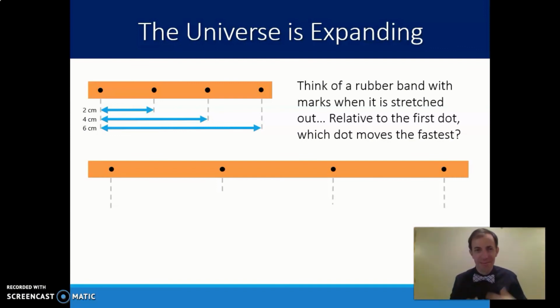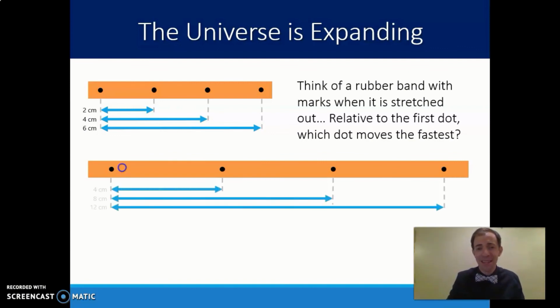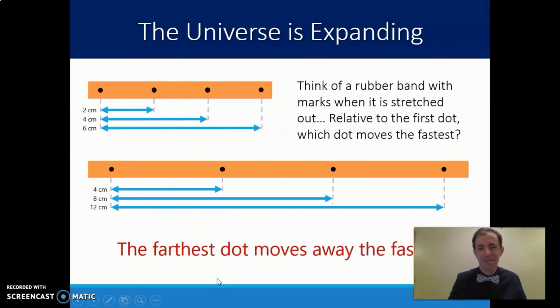What that results in, the outcome, is that these galaxies appear to be moving faster than the nearby ones. That represents the same thing that we would see in Hubble's law. So from 6 centimeters to 12 centimeters is a bigger change than from 2 centimeters to 4. Both are doubling, but the overall ground that's covered is larger, which means it's moving faster.